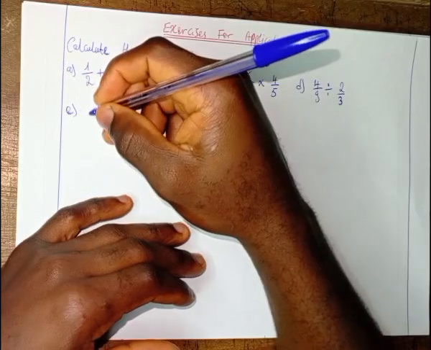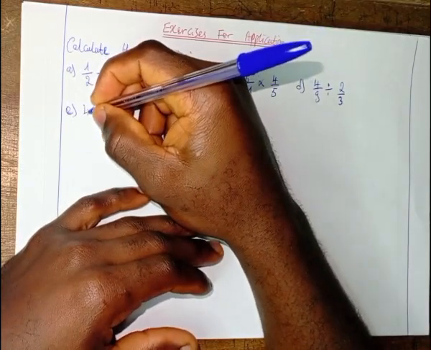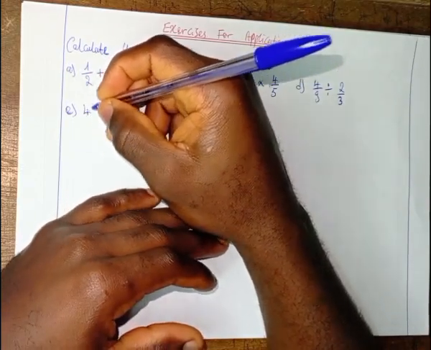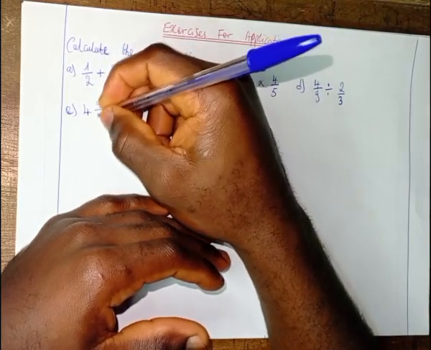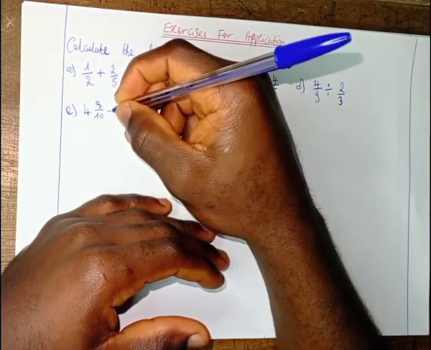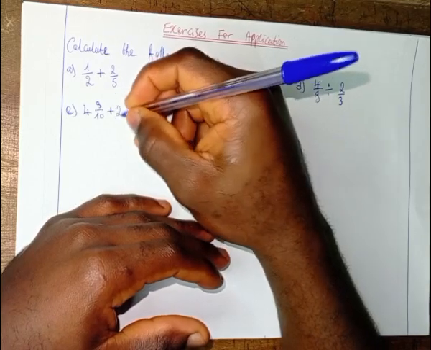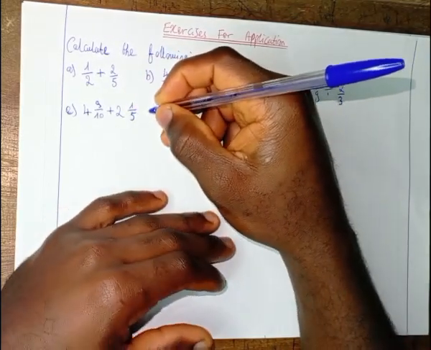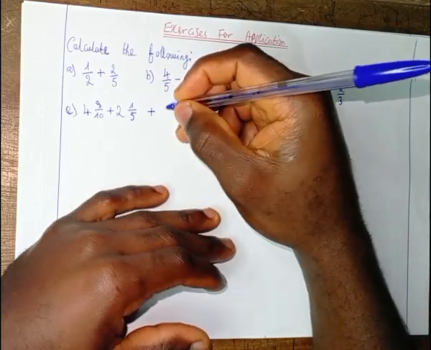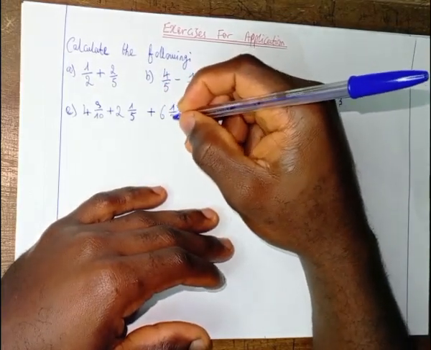Now to E. E, we have 4 and 9 over 10 plus 2 and 1 fifth plus 6 and 1/3.